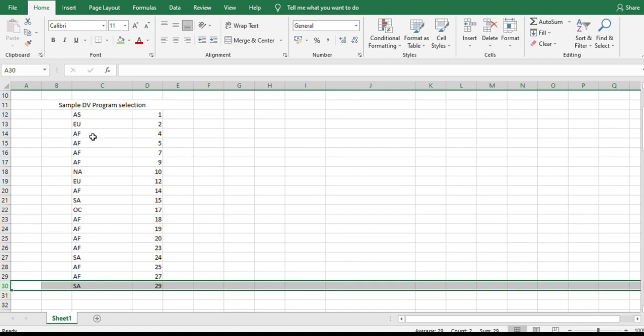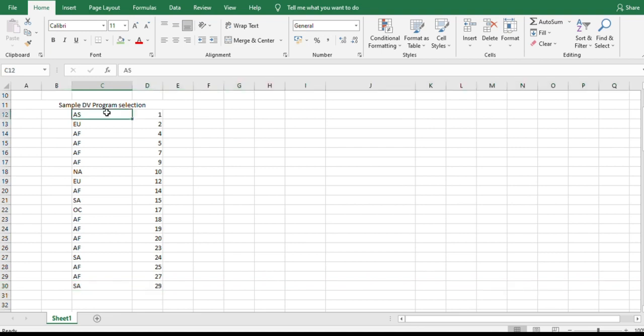So as you can see, the total number of selectees that we took before this filtering process was a total of 30 selectees. And what we are remaining with is just 19 selectees. They were 30, but now we are remaining with 19.